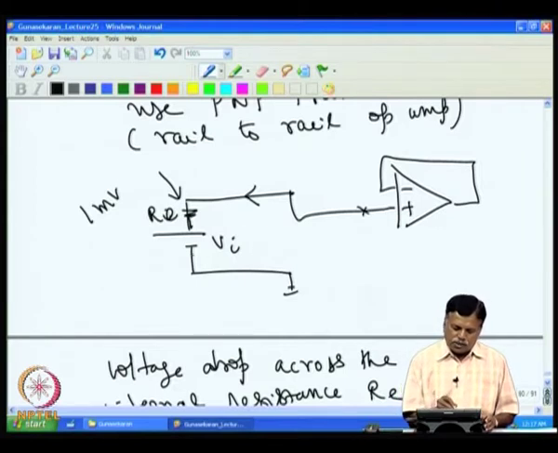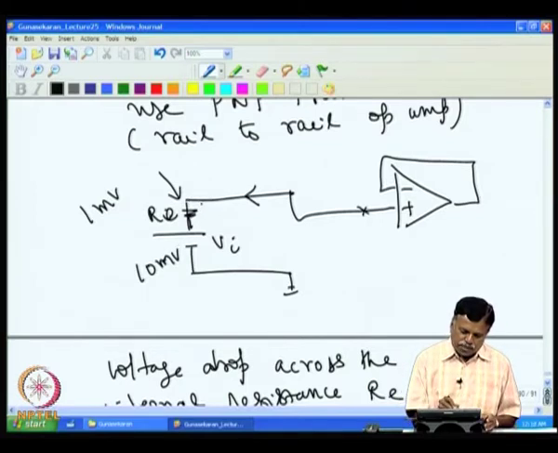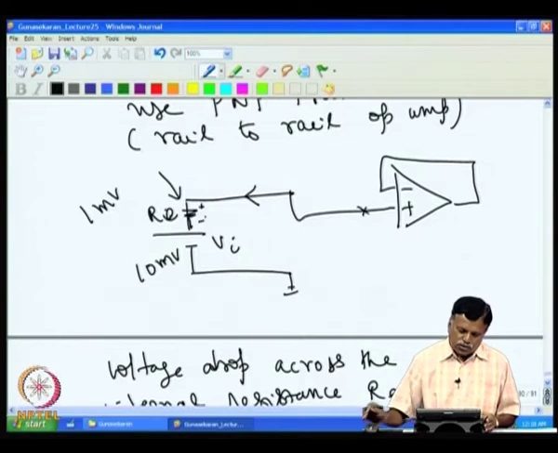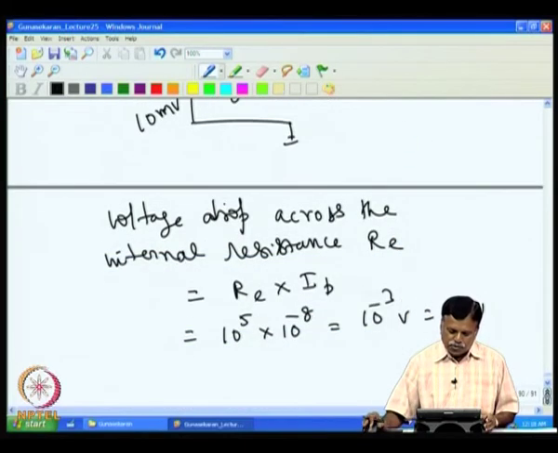Now, suppose this is a 10 millivolt source, then this 1 millivolt goes through this, that means this is plus and this is minus. So, it is now added to the input source.